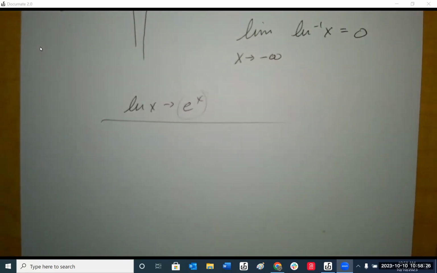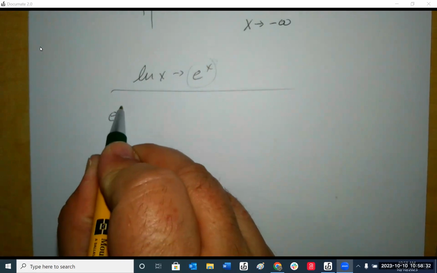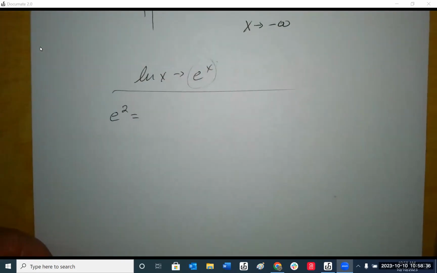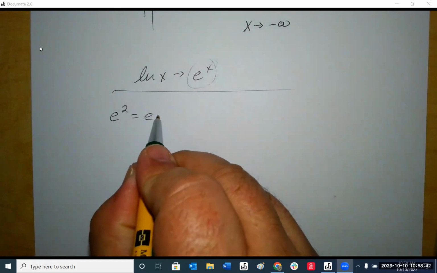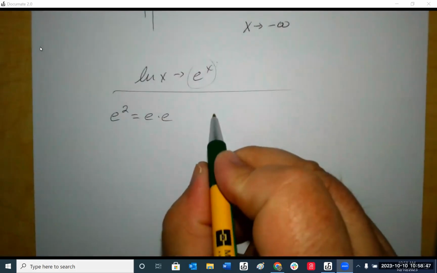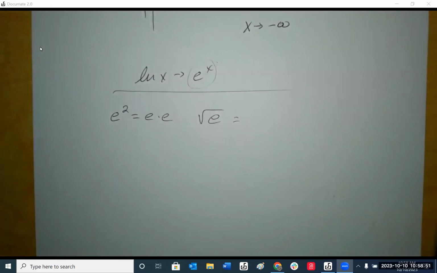Let's look at the properties of e. What does e squared mean? Yeah, e times e, which is the constant times the constant, right? How about the square root of e? How can you rewrite that?